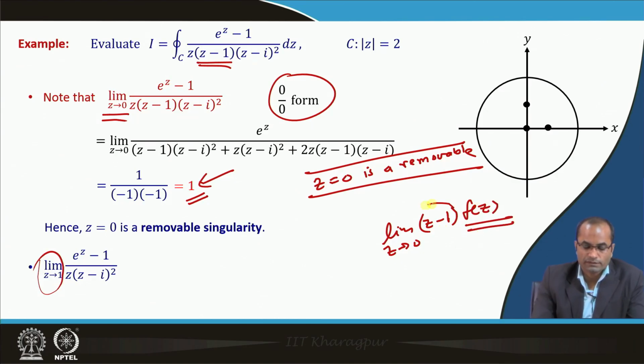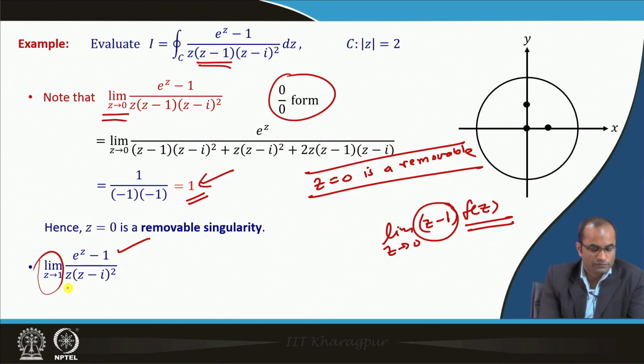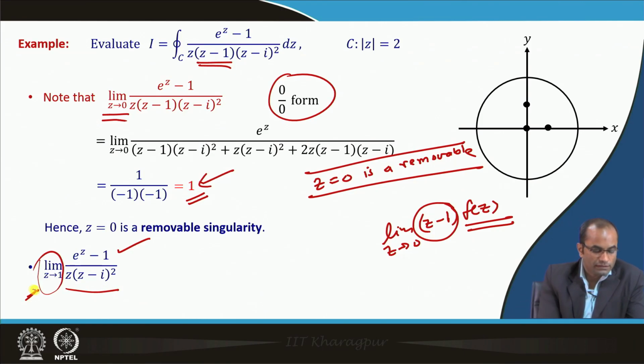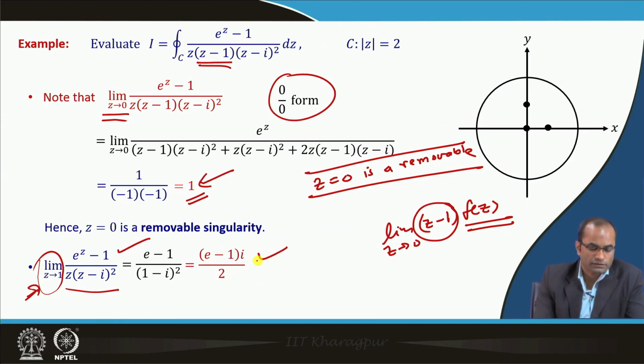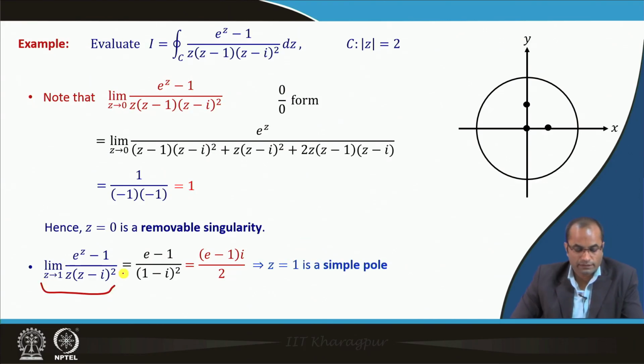The z minus 1 will get cancelled from this function, and we have e to the power z minus 1 over z into z minus i whole square. If we take this limit, we can substitute directly, and we get the value e minus 1 over i by 2 for this limit. So clearly z equal to 1 is a simple pole.